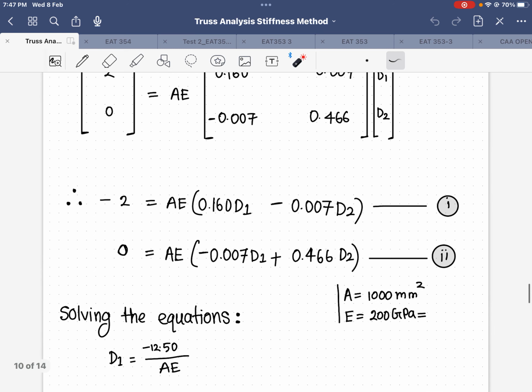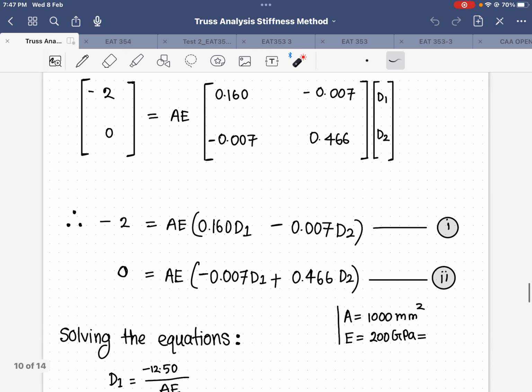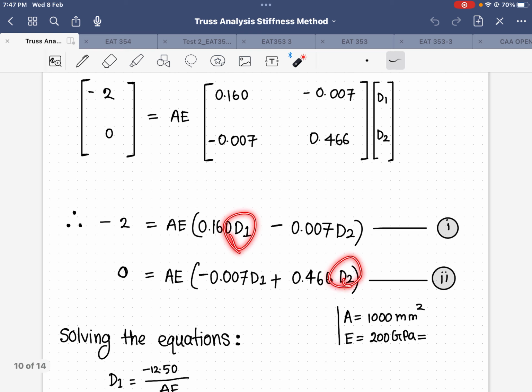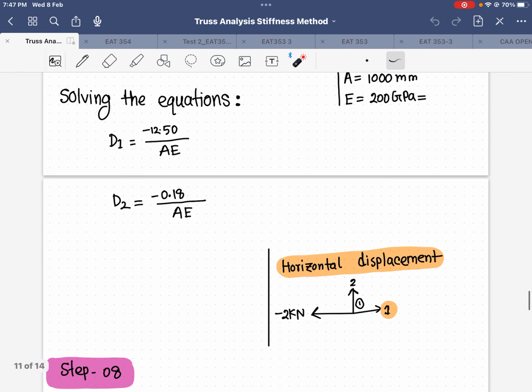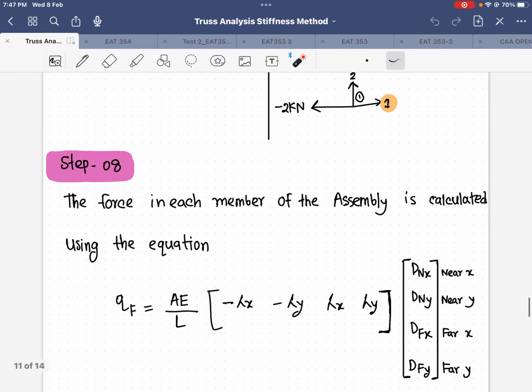So we can use simultaneous equations to solve for D1 and D2. By using the calculator we can easily get the simultaneous equations values of D1 and D2.